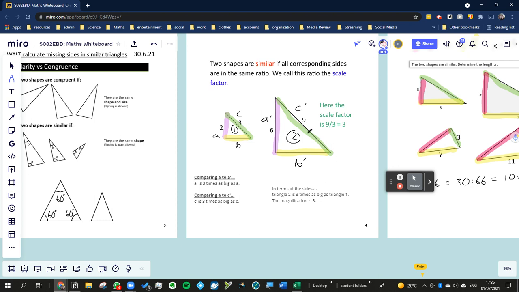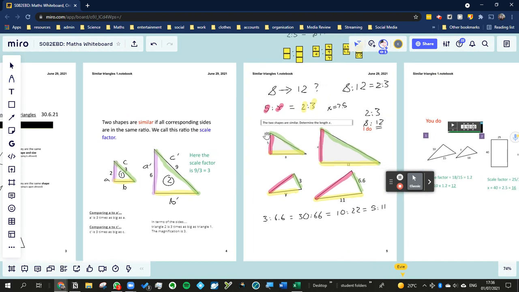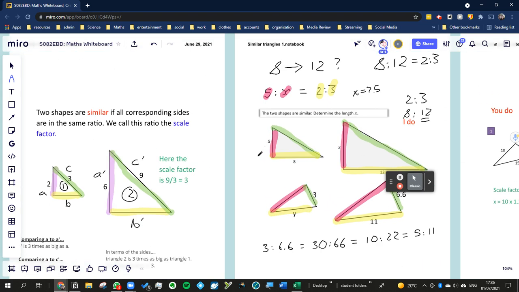So what you've done there is you've taken one of the sides and divided it by the other corresponding side. 9 divided by 3, or you can take 6 divided by 2, and the scale factor is equal to 3.